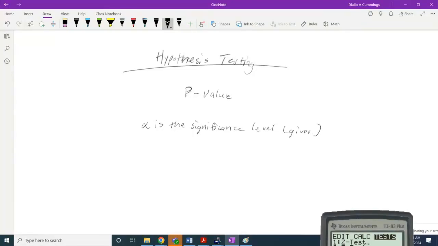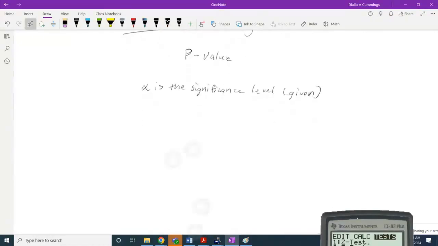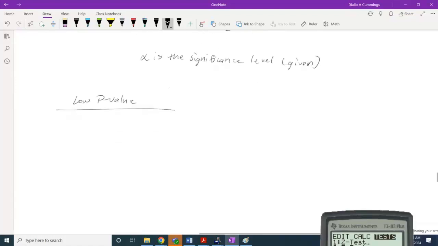Based on the significance level and the p-value, we make these determinations. So if we have a low p-value, so that means that the p-value is lower or smaller than the significance level, we reject the null hypothesis.